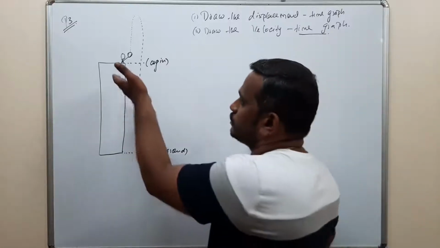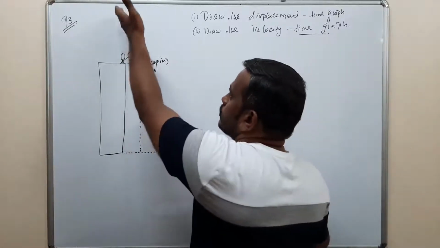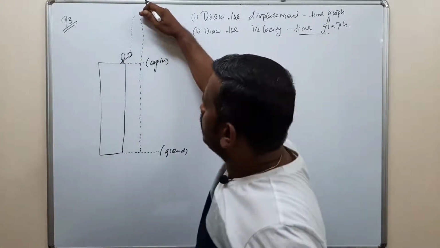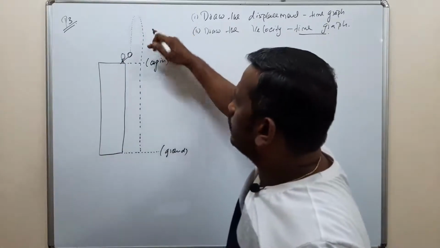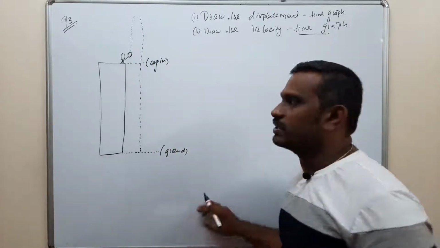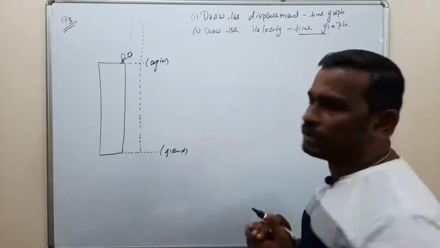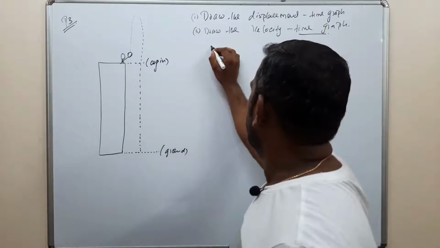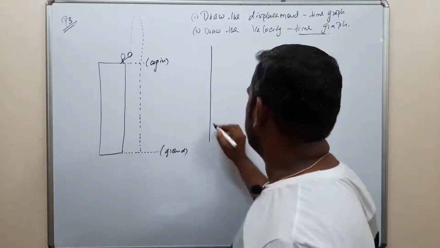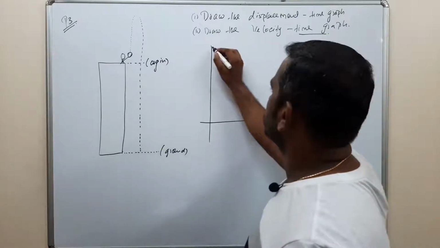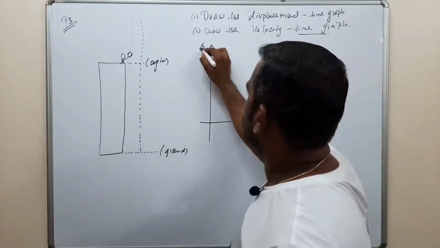The ball is projected vertically upwards, it goes a certain displacement, and when the velocity becomes 0, it comes down, reaches the origin and again reaches the ground. That is the trajectory followed by the ball. So we have to draw first the displacement time graph.